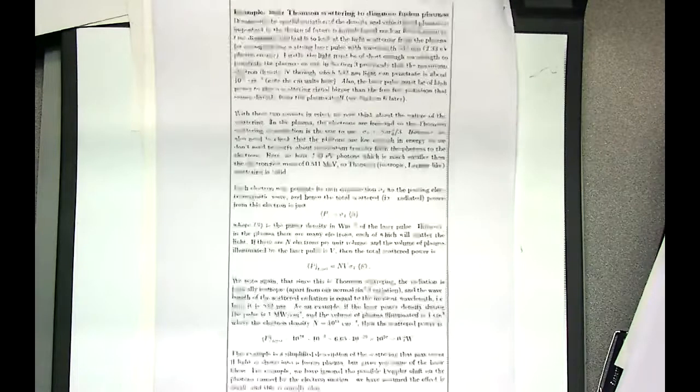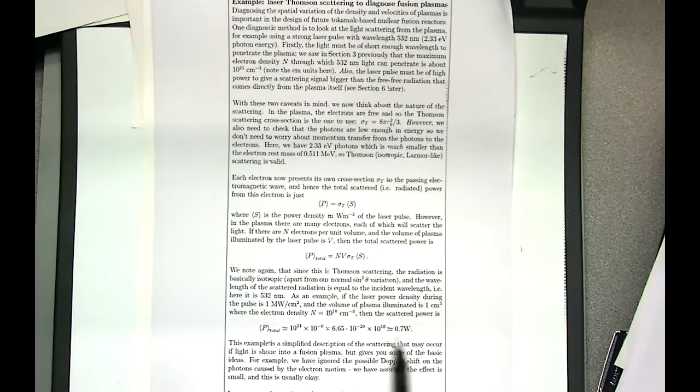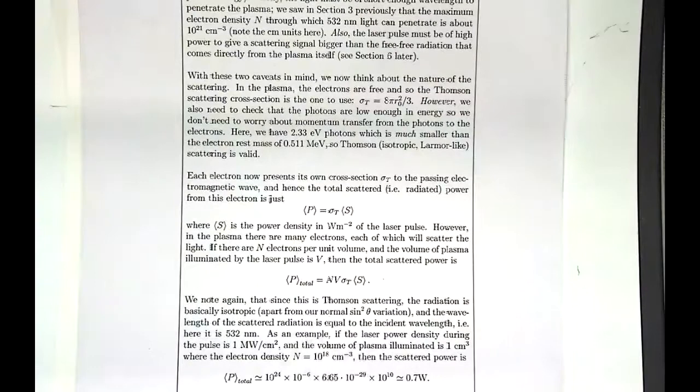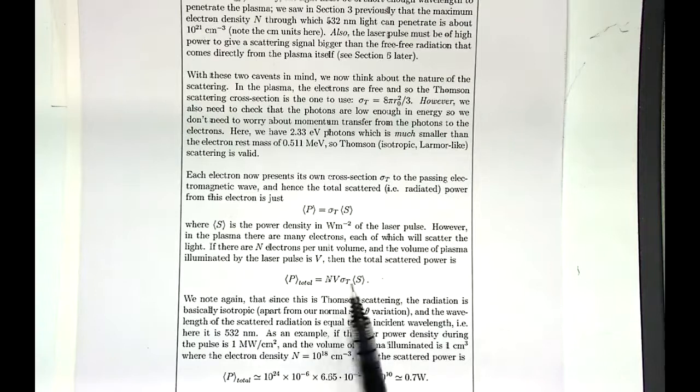And the important thing, and this is where you should look in Lilly to remind yourself how this works: P here is the power radiated by one electron, which has an effective area sigma, and S is the power which is incident upon it. If I have a number of electrons, the amount of power is merely proportional to the number of electrons, obviously.